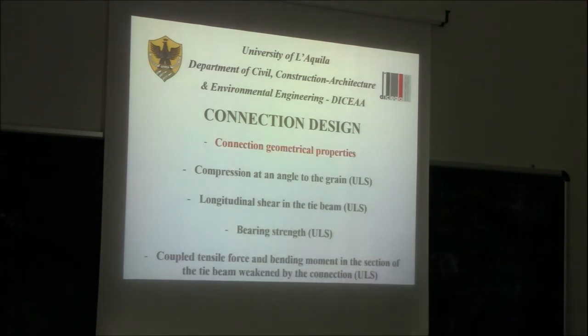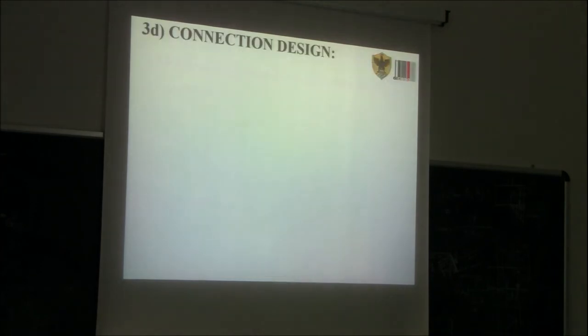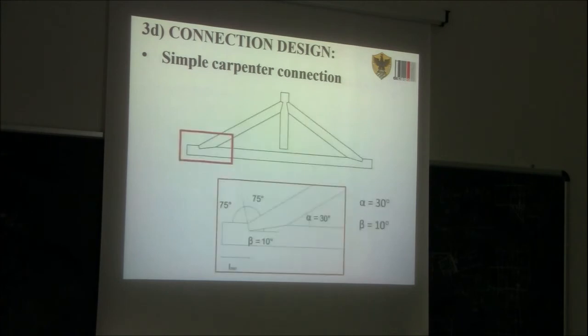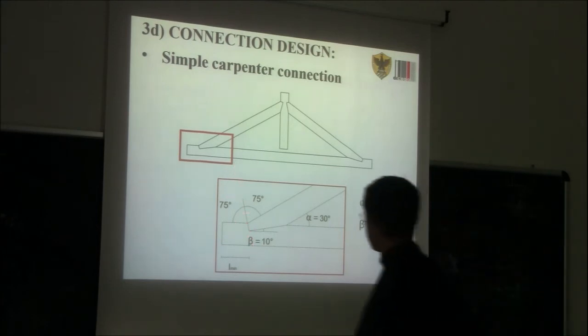So starting from the geometrical properties of the connection, we will use a simple carpenter connection. Those are some geometrical properties. You see here that the notch was cut exactly halfway, the total angle here, 75, 75.